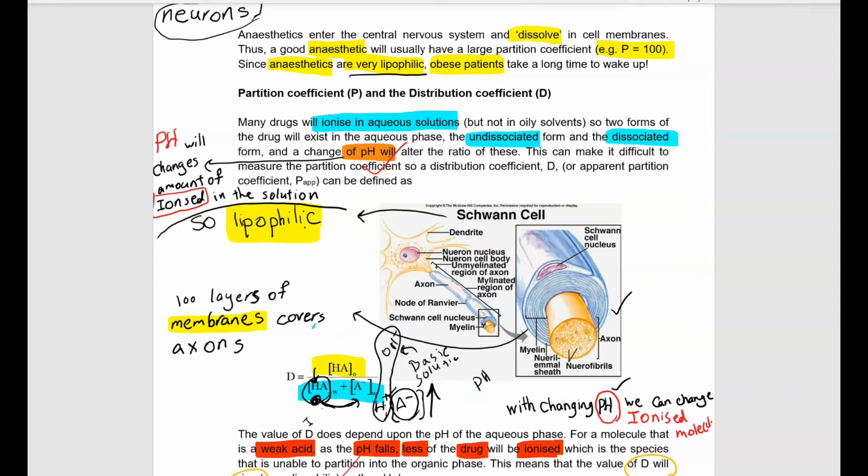Still, the concentrations of this part and this part are the same. Some of the solute can come to the organic solvent, and some can go to the water. So the concentration of the whole, non-ionized molecule is the same in both of these solvents, but the amount of the ionized molecule increases.